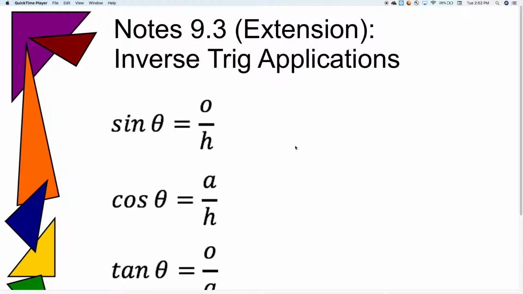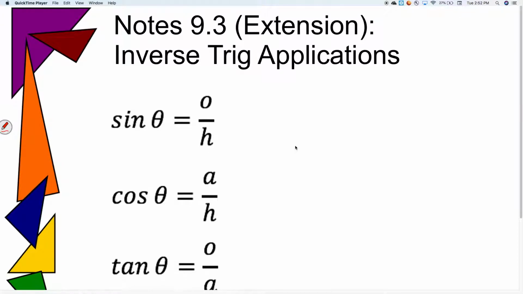Most of what we talk about today in the notes, you should have actually done in geometry. So inverse trig, you've already seen before. Sine of theta equals O over H, cosine of theta equals A over H, and tangent of theta equals O over A. That's regular trig, right?